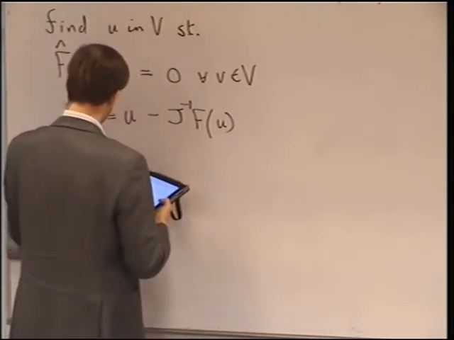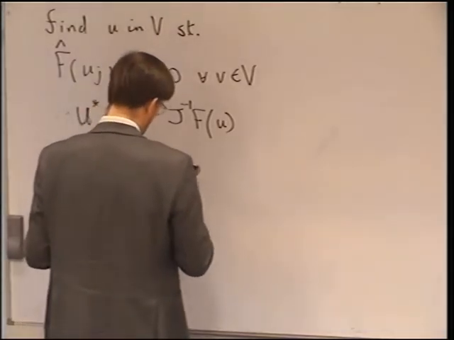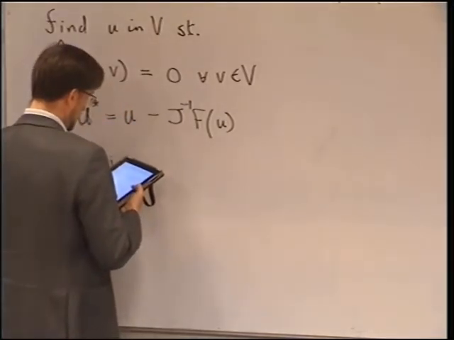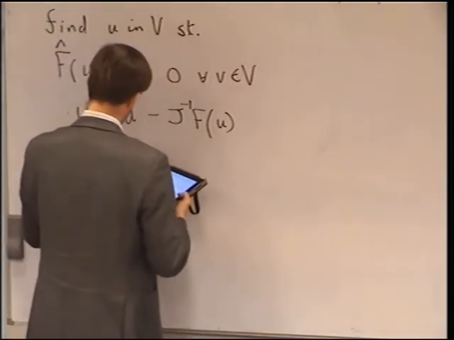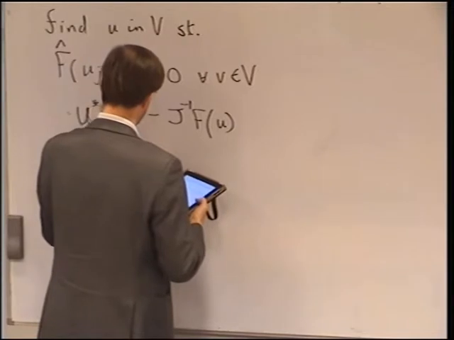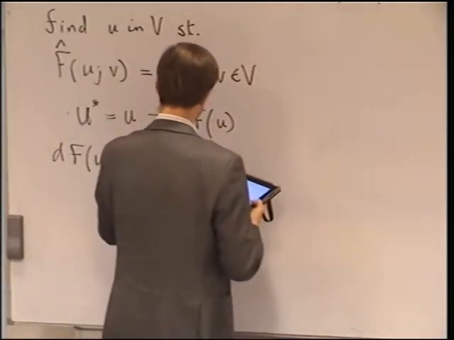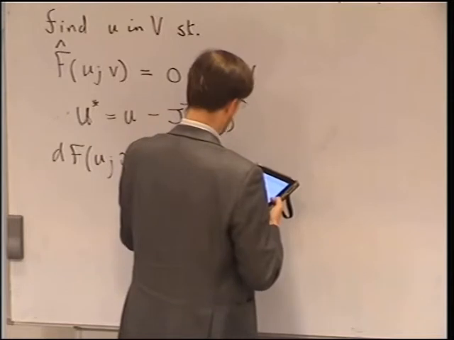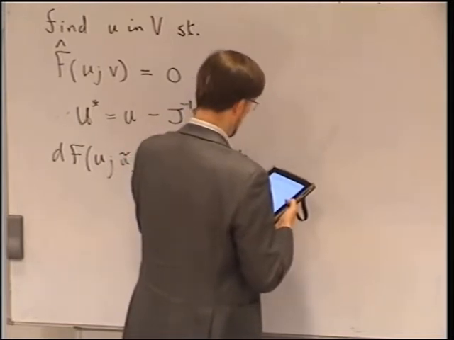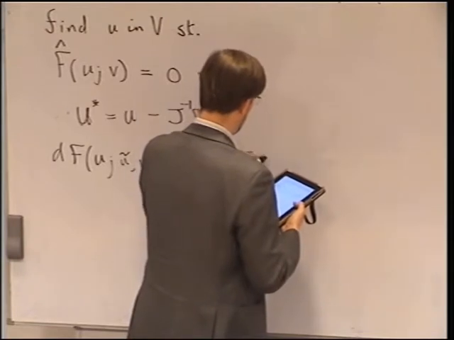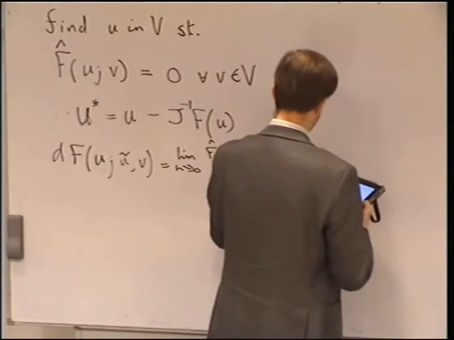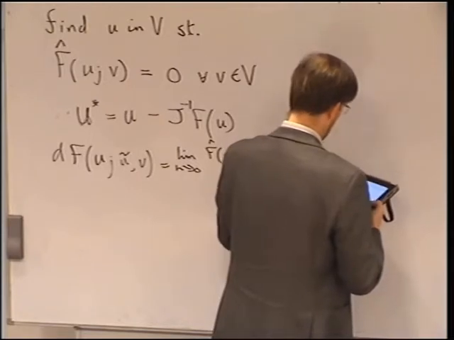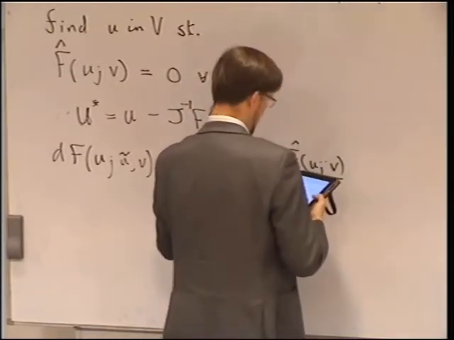So remember, what happens here is that df of u in direction u tilde, with test function v, is the limit as h approaches 0 of f hat of u plus h u tilde, v, minus f hat of u, v, all divided by h.